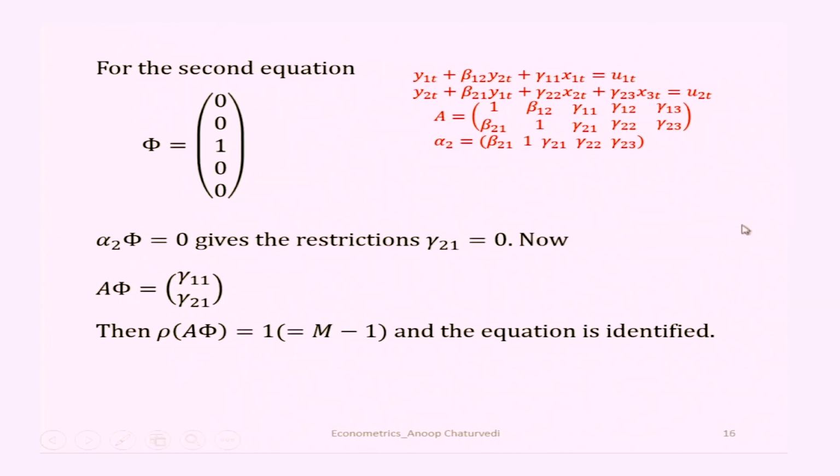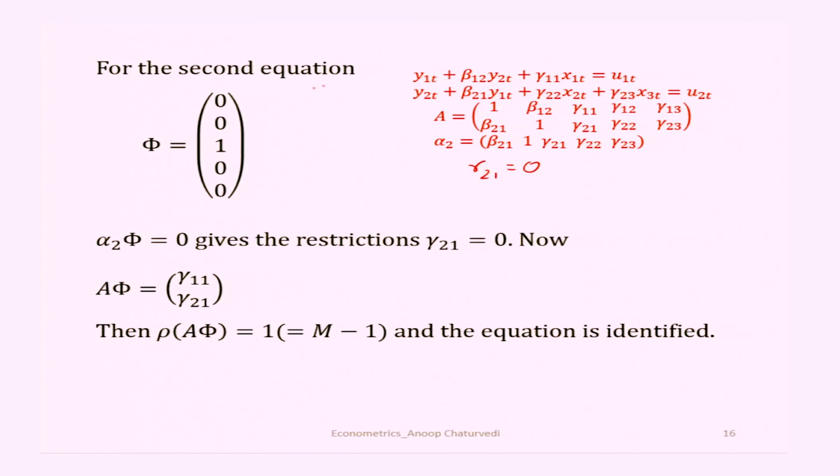Now, we consider the second equation, and we check the rank condition for the identifiability of the second equation. Corresponding to the second equation, alpha 2 is equal to say beta 2 1 1, gamma 2 1, gamma 2 2, gamma 2 3, and the only restriction is gamma 2 1 equal to 0.